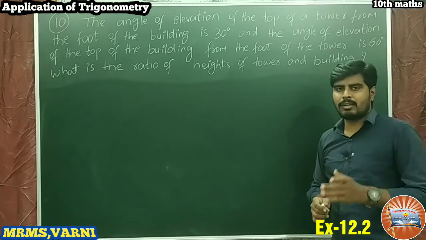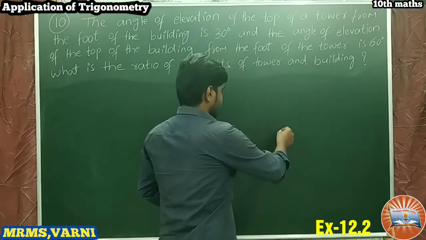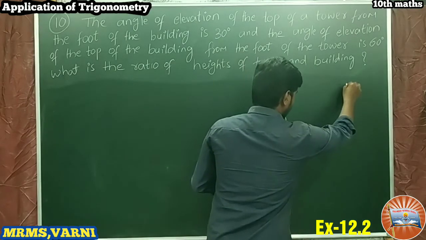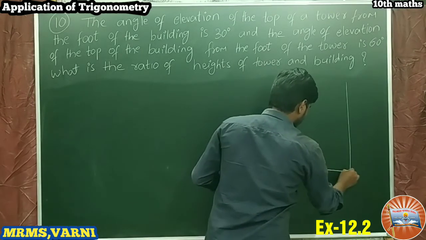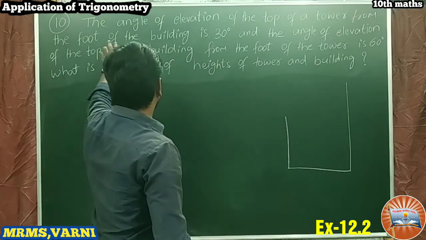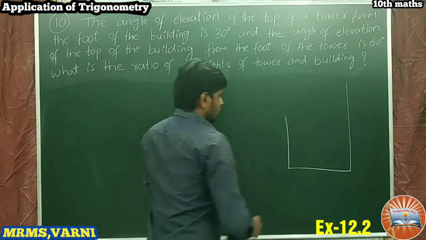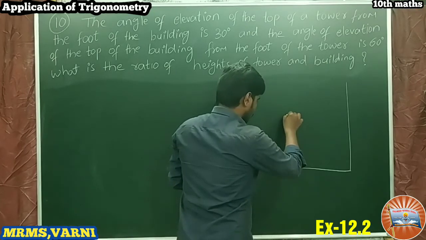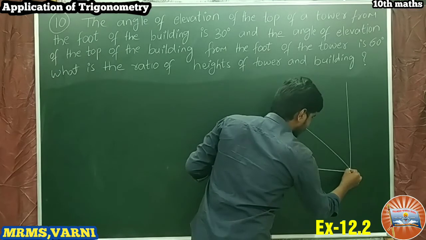Let us imagine a diagram for the situation first. Consider this is a tower and this is the building. Okay, this is the ground. So from the foot of the building the angle is 30 degrees. The observer observes the top of the tower from the foot of the building with 30 degrees angle.